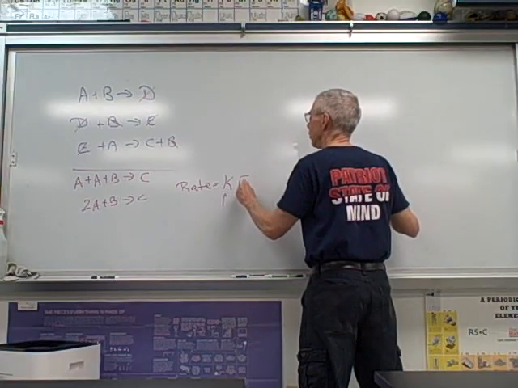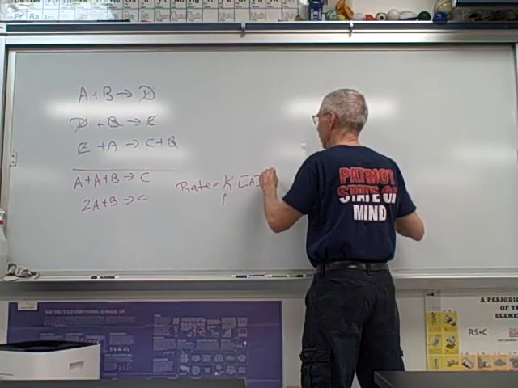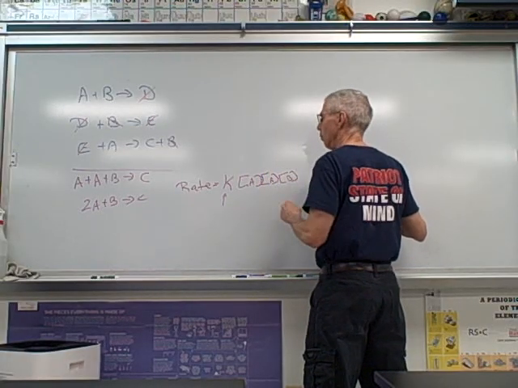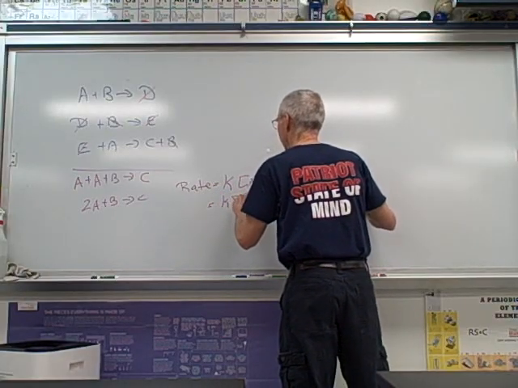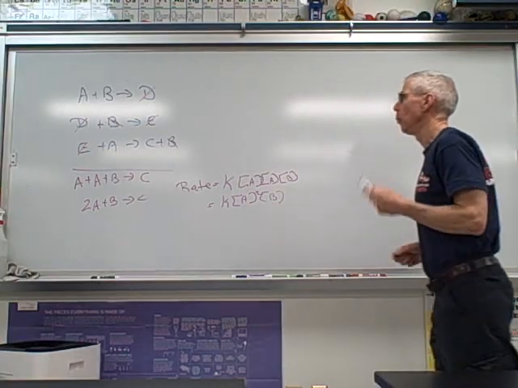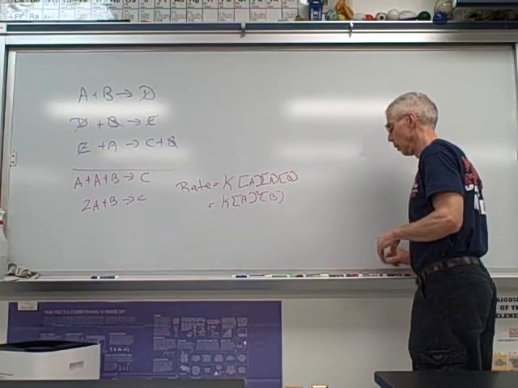We would have concentration of A for the one A, concentration of A for the other A, and concentration of B. Written another way, that would be k, concentration of A, the quantity squared, concentration of B. So were this a one-step reaction, that would be the rate law.